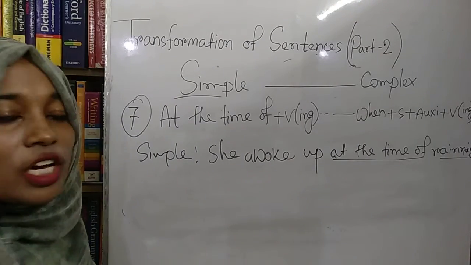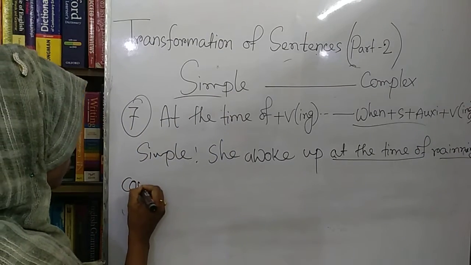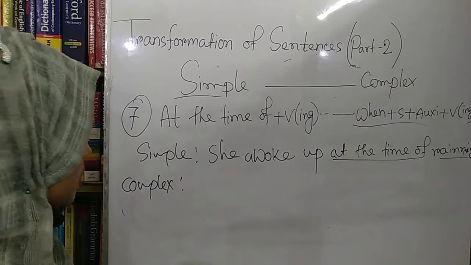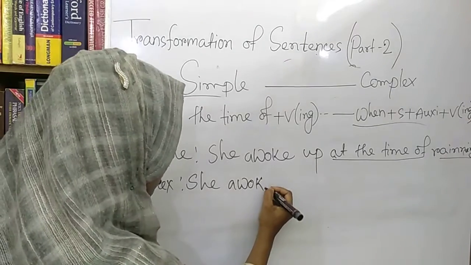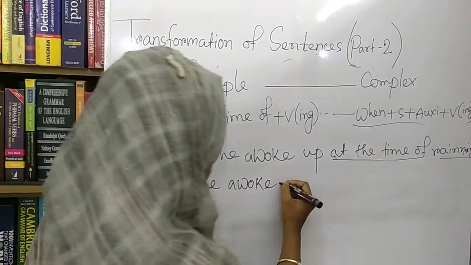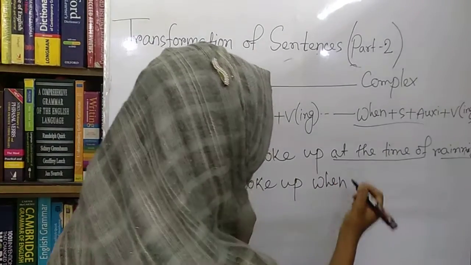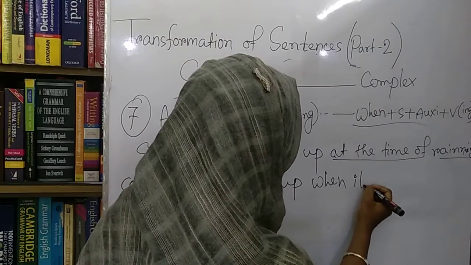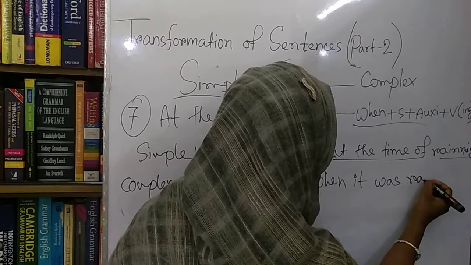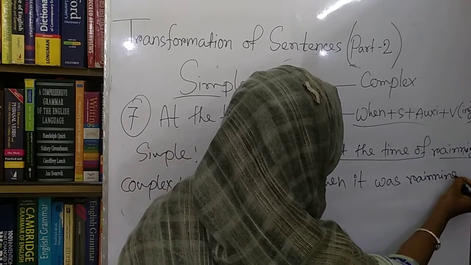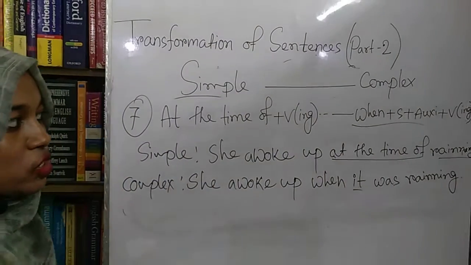If you want to make it complex, we have to follow this. Complex: She woke up when it was raining. Here we have used it as the subject.